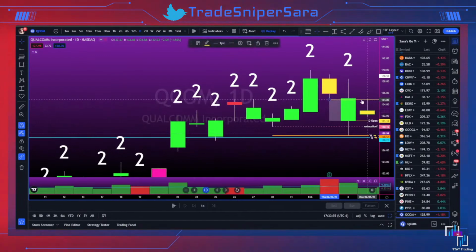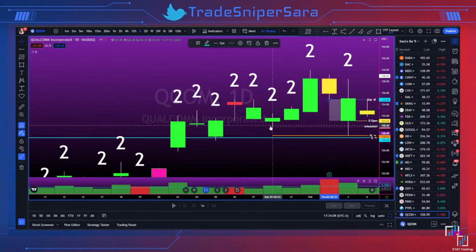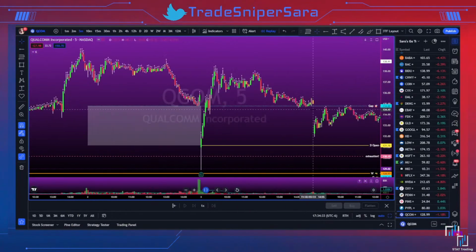So we know that this would be our gap fill, because remember, this part of the candle doesn't exist yet. Come the opening bell, all you know is that you're opening here, you have a gap fill here, and you have potential exhaustion risk here. So let's go to a smaller time frame and see what happened.